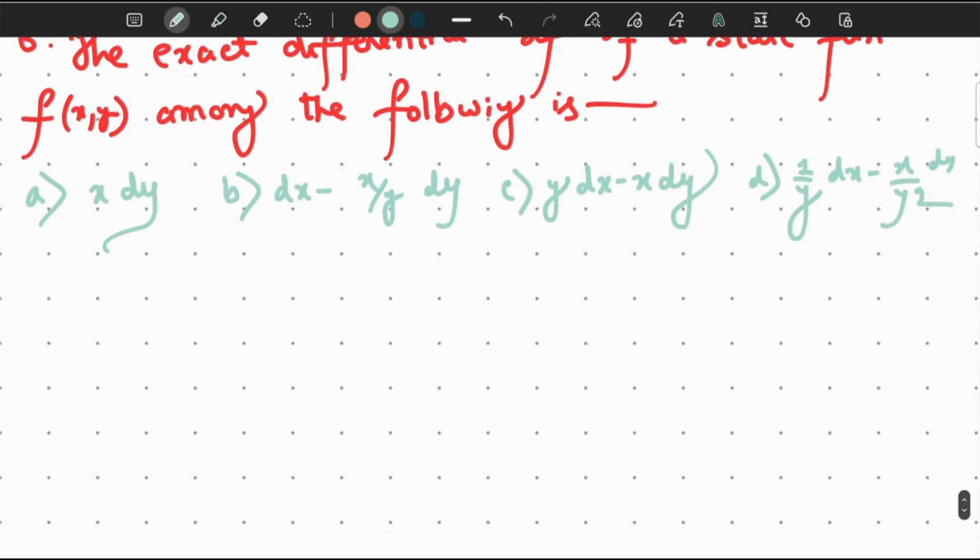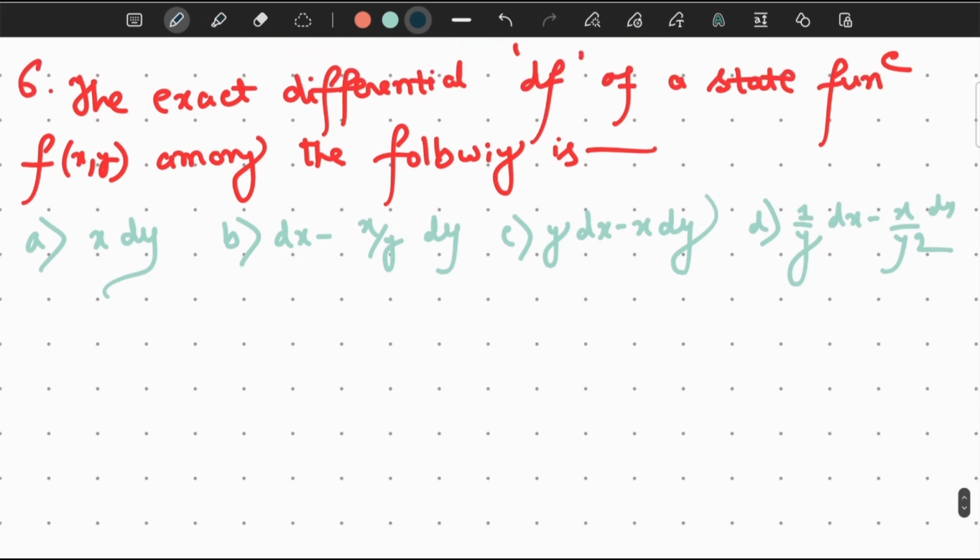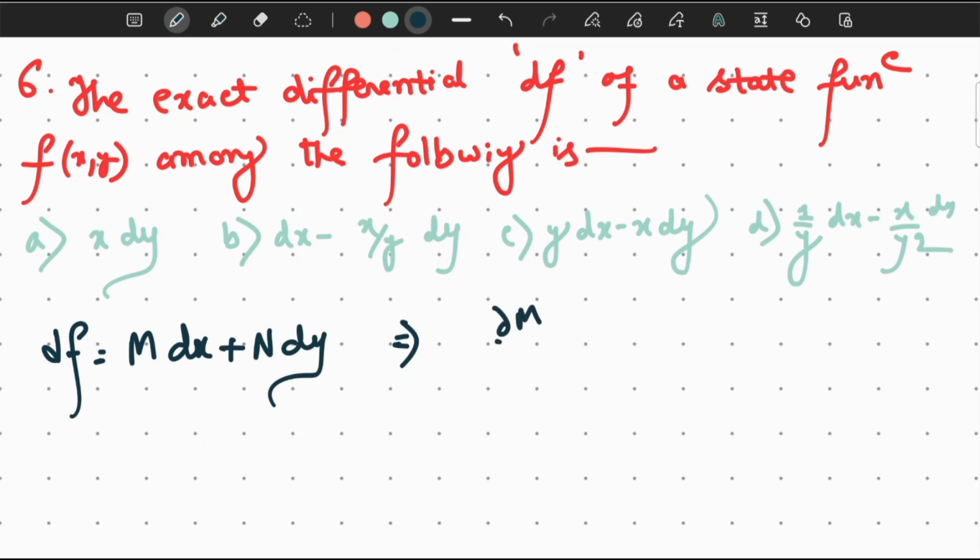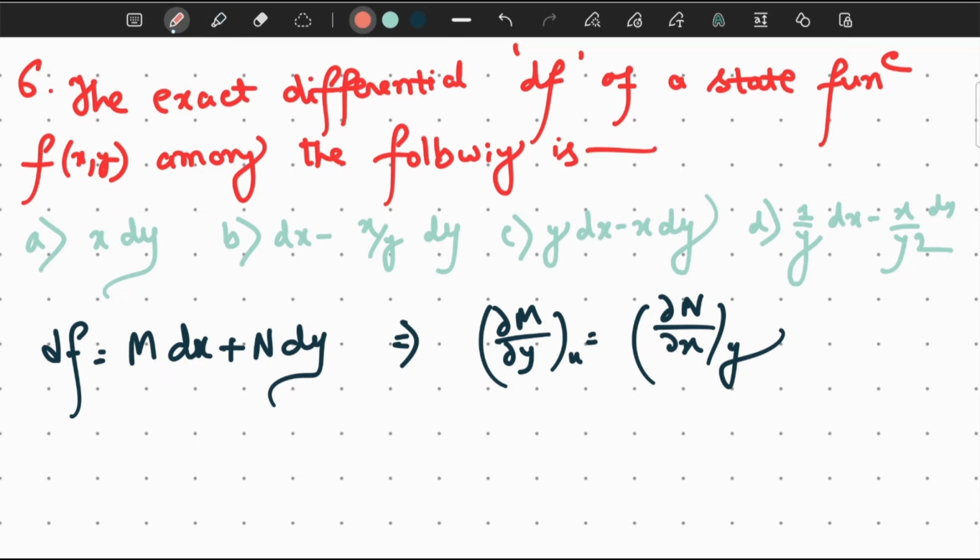Okay, so it is clear this is not an exact differential. We have the form of dz, and when we have the form of df, we know it will follow the M dx plus N dy form, and we have to show that del M del y at constant x equals del N del x at constant y. Here there is no M dx part, so it can't be an exact differential. It is not.